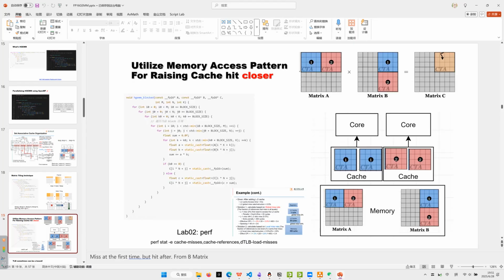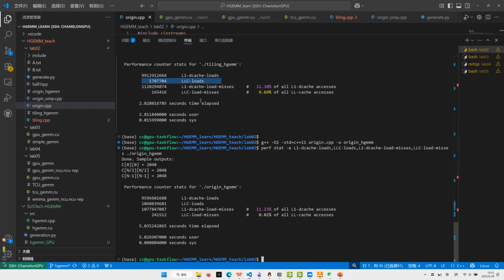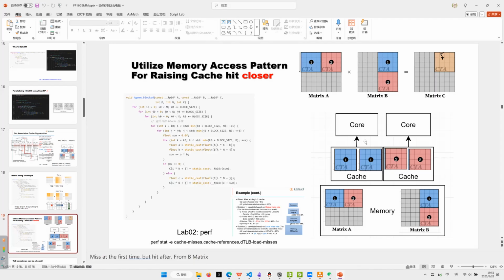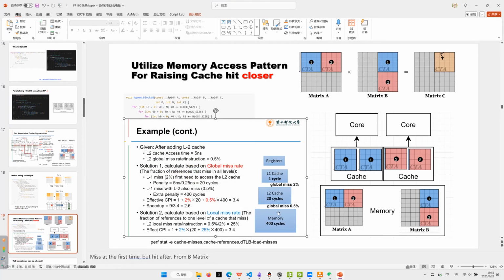This will cause the data to be stored in the last level cache but not in the higher level cache. This will cause latency to rise, since that cache is far away from the registers inside the compute cores.